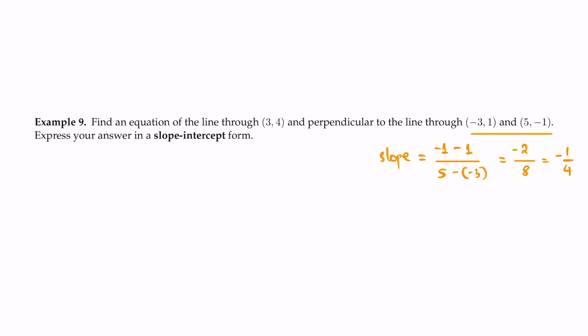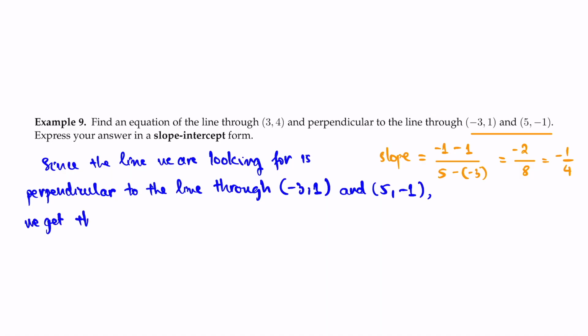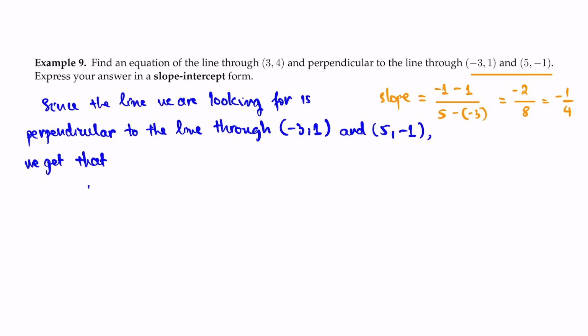Now, since the line we are looking for is perpendicular to the line going through these 2 points, the product of the 2 slopes equals negative 1. So since the line we are looking for is perpendicular to the line through negative 3, 1 and 5, negative 1, we get that m multiplied with negative 1/4 equal to negative 1.